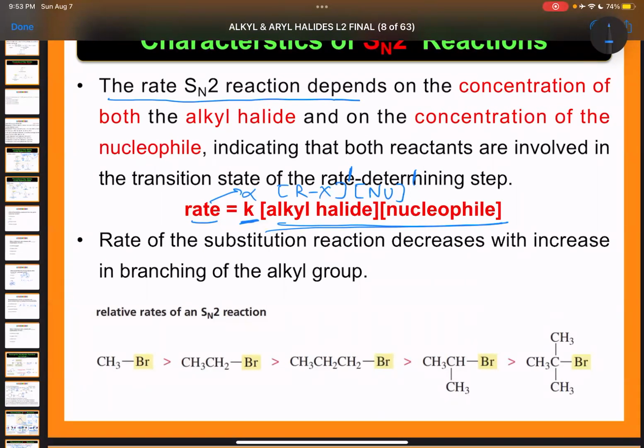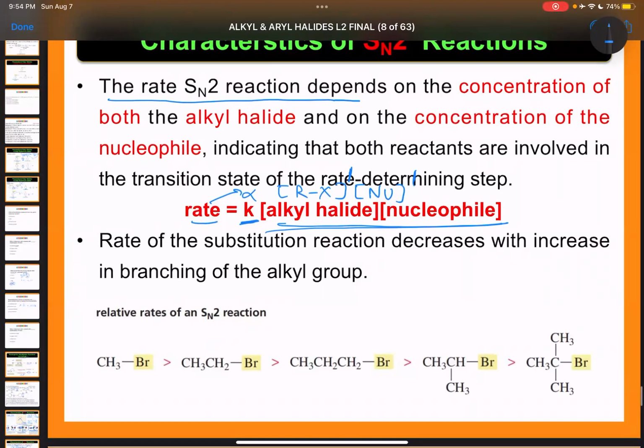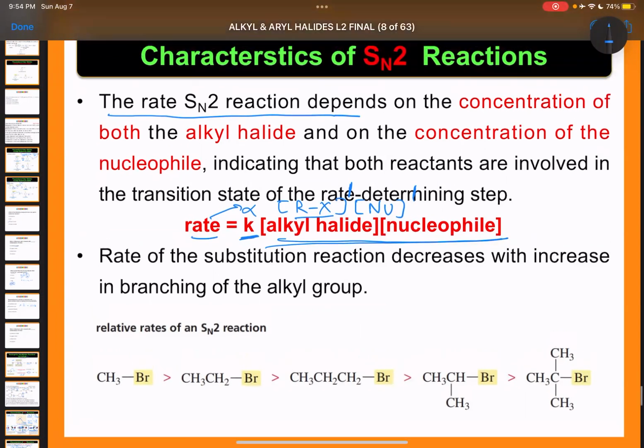So if you double the concentration of substrate, what will happen to the rate or speed of SN2? Samaira, can you tell me quickly? Will the rate decrease, or will it go up? If you increase the concentration of alkyl halide, will the reaction become faster or slower?